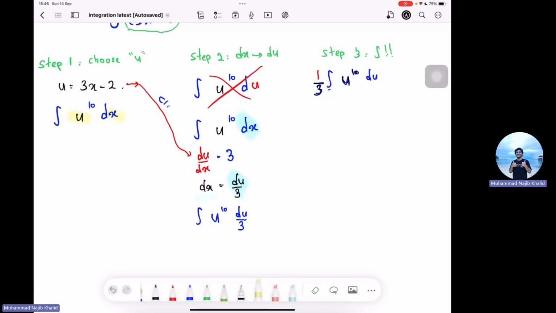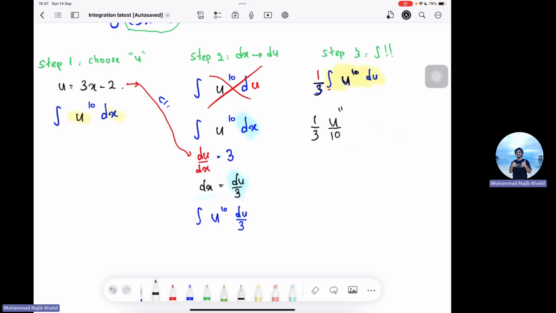In this integral we have an algebraic function, so we can simply use what you learned from the last class for algebraic functions. We get 1 over 3 as our constant. So u is still u, but our power plus 1 becomes 11, and divide by 11.